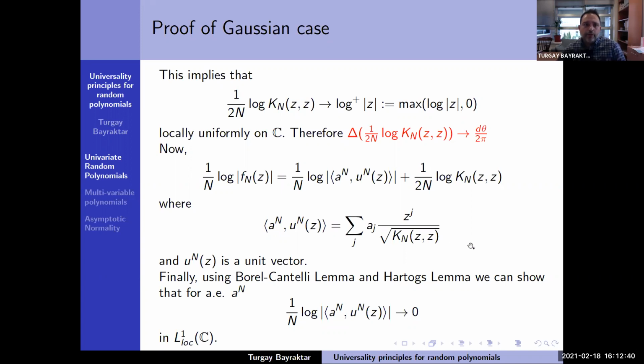So this was the argument for the Kac ensemble, but it seems like it's a quite general argument. As long as you have a nice inner product and a nice basis, and as long as you have information about the Bergman kernel, this kind of an argument would work.